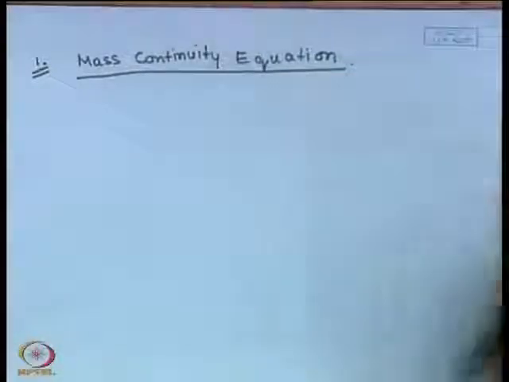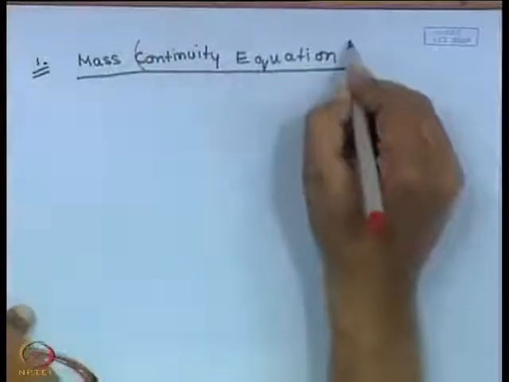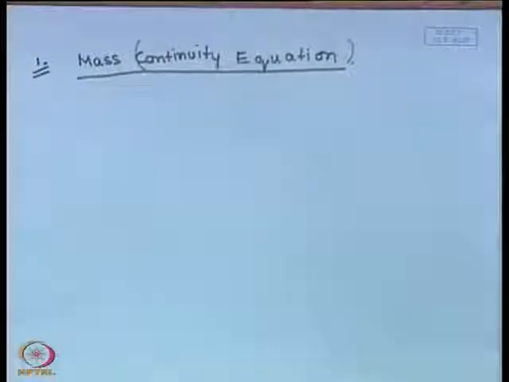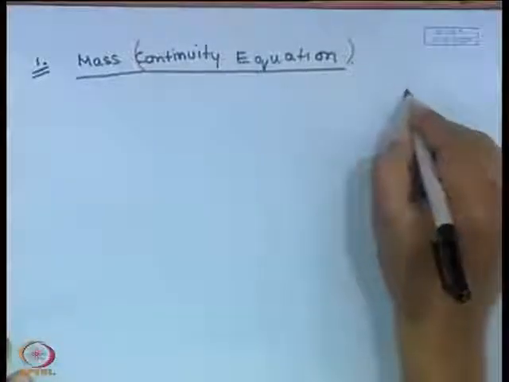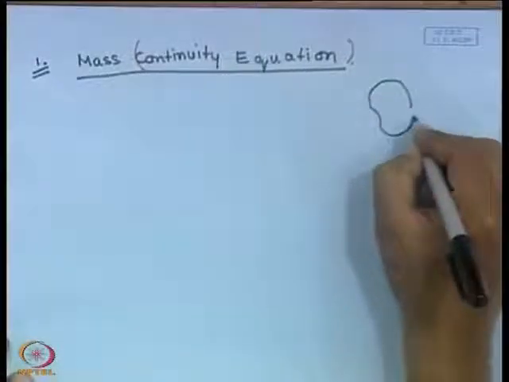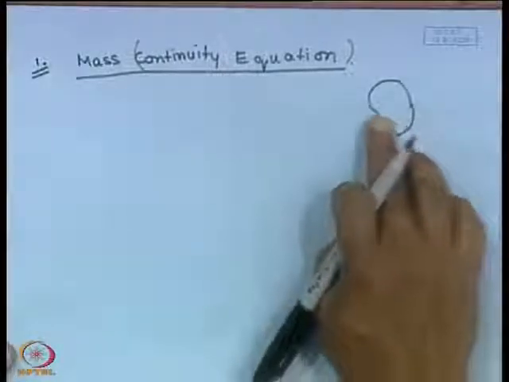Or it is called just the continuity equation. And the way we arrive at this equation is as follows. Consider an arbitrary volume like this, and let us ask the question, what is the mass inside this volume?